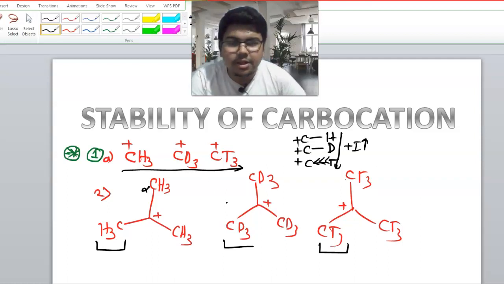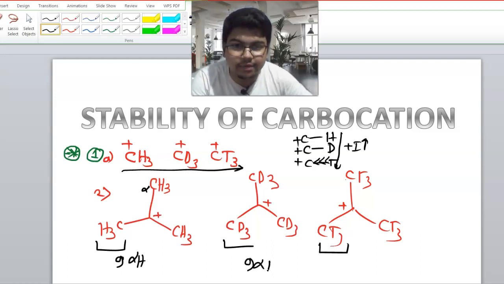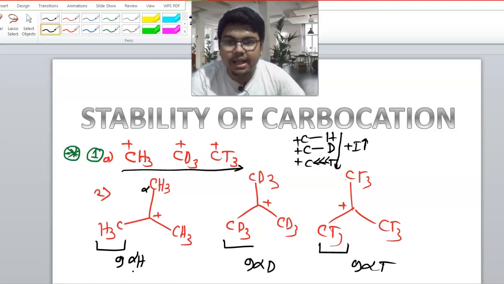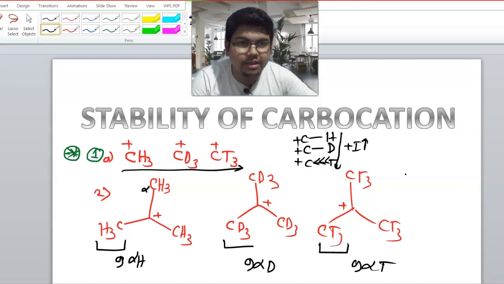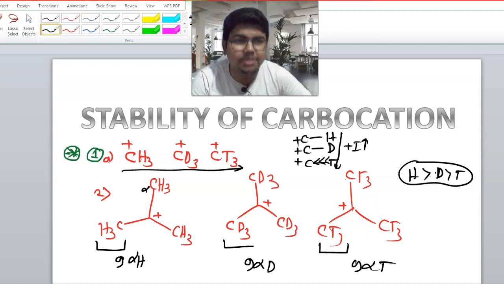But here, as 3 alpha hydrogens are there, there is a possibility of hyperconjugation. So here 9 alpha hydrogens are showing hyperconjugation. Here 9 alpha deuterium, here 9 alpha tritium, and hyperconjugation is hydrogen greater than deuterium greater than tritium. So hydrogen shows more hyperconjugation than deuterium and tritium.